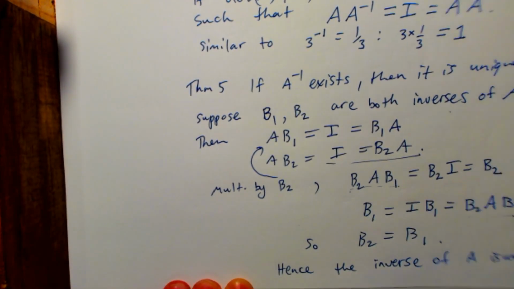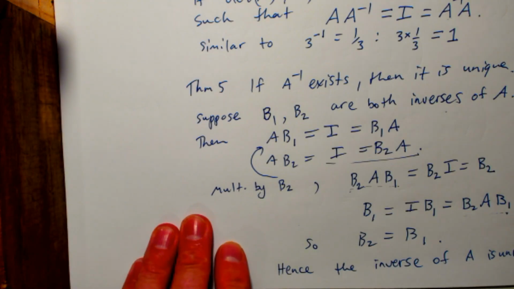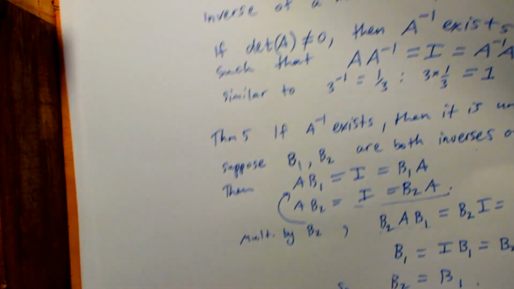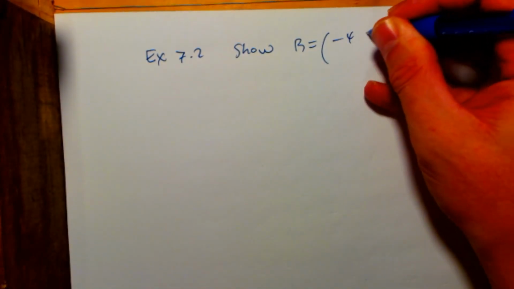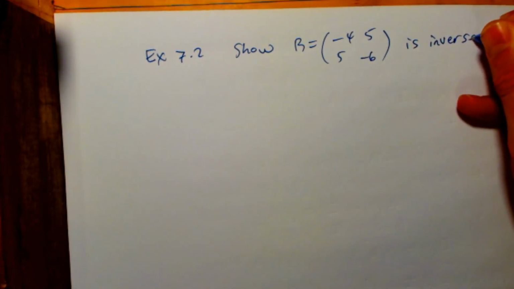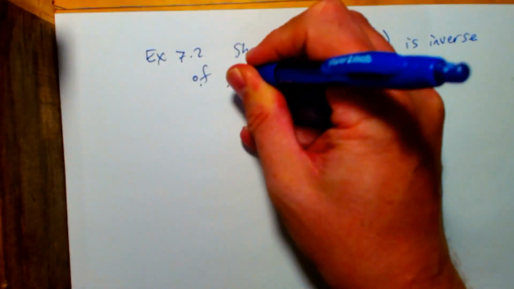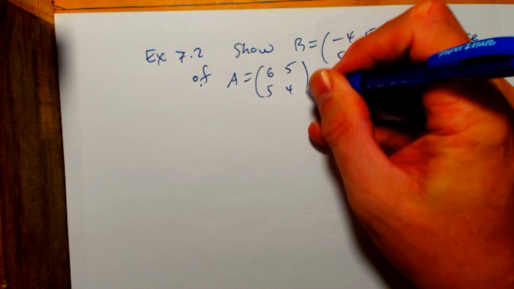Okay, let's move on to example 7.2, which says, show that the matrix B is the inverse of the matrix A. So B, which is minus 4, 5, 5, minus 6, is the inverse of A, which is 6, 5, 5, 4.